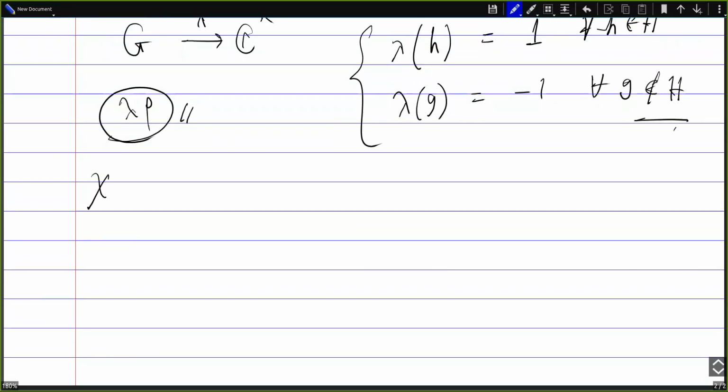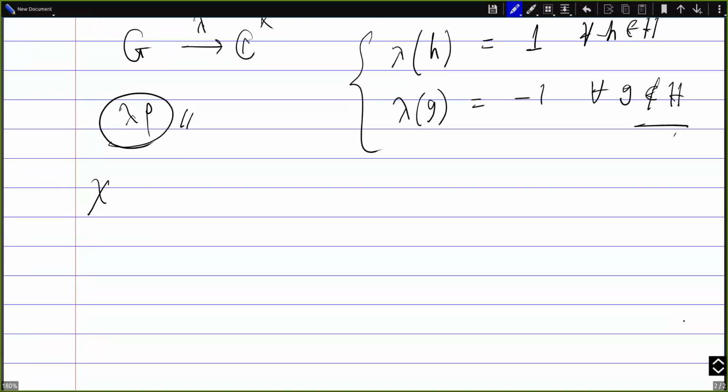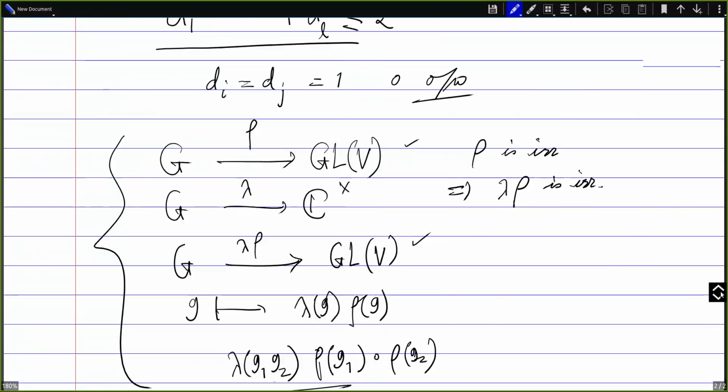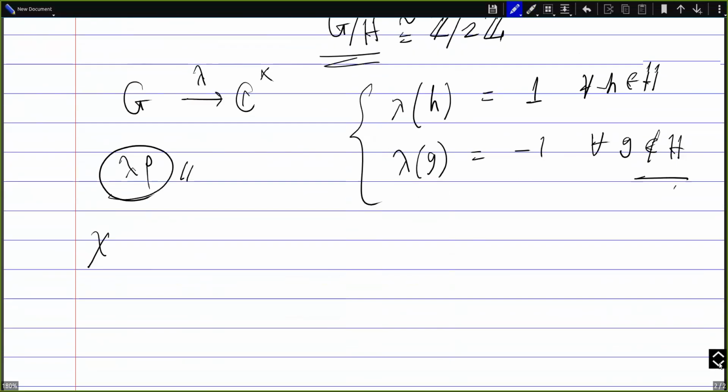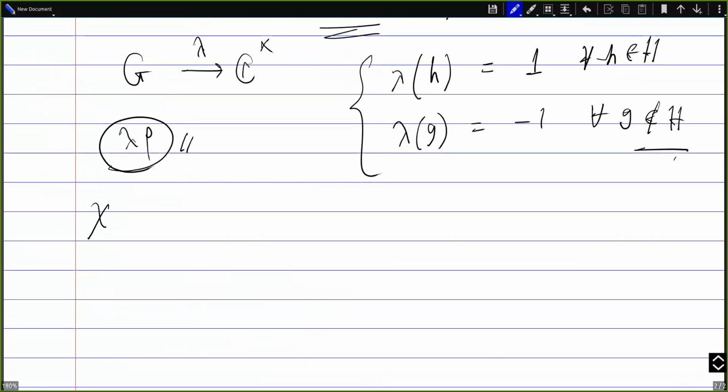So as I said, let gamma be the character of rho. So first we consider the restriction of rho to H. Okay, so suppose this is irreducible. Suppose this is irreducible, then what does that mean?